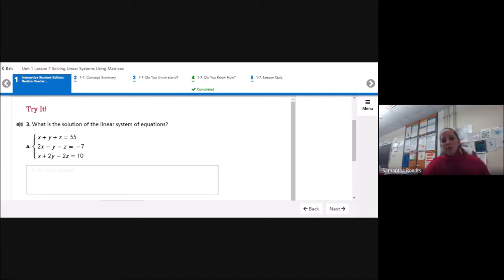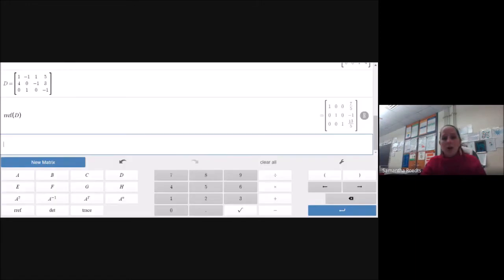So what is the solution of the linear system of equations? X plus y plus z equals 55. It's really nice to do these on a calculator, especially with larger numbers like this. But it is helpful to know what you're actually doing and where you're getting the answers from.